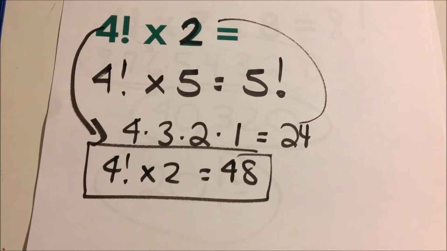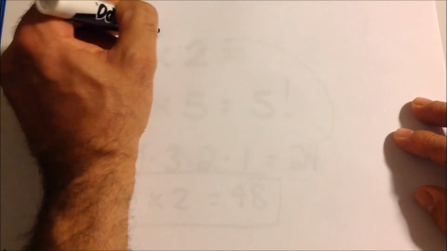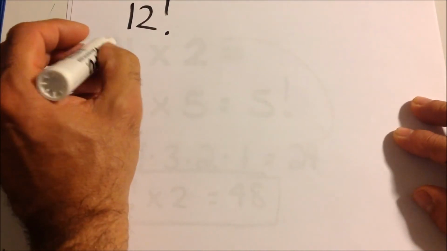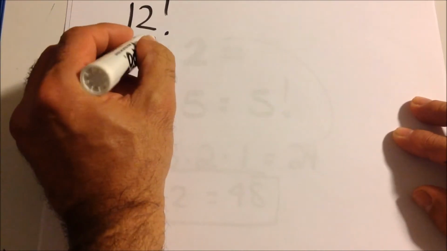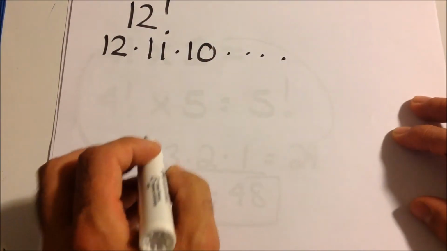Okay, let's just do a couple more examples to make sure you understand it. So if we had 12 factorial, which is a large number. Again, you're just doing 12 times 11 times 10, dot, dot, dot, and so forth.